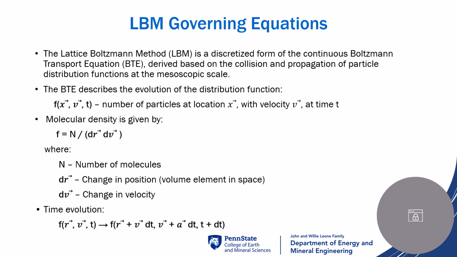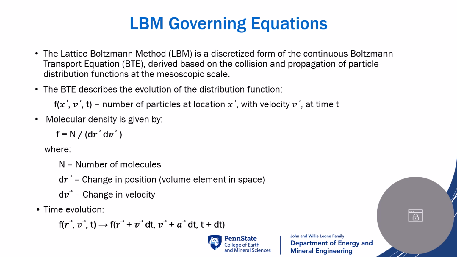Now, let's talk about how f changes over time, its time evolution. As time advances from t to t plus delta t, every group of particles, or every cloud point in the distribution, experiences three changes. First, particles move through space. If they are traveling with velocity v, they shift by v times dt. Second, they might be acted on by external forces, gravity for example, which alters their velocity.